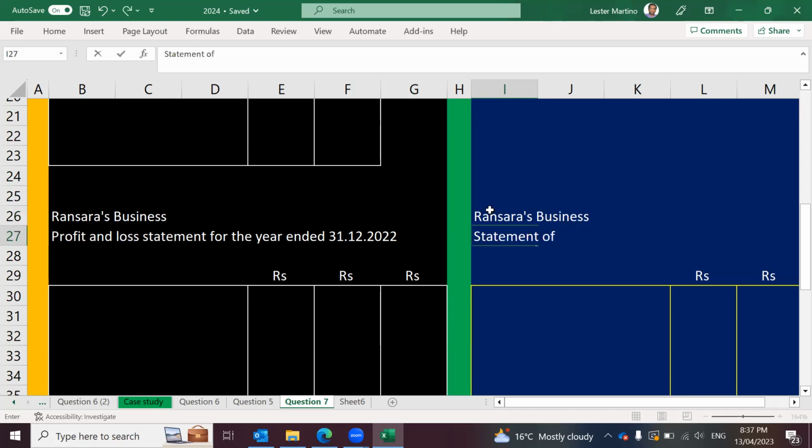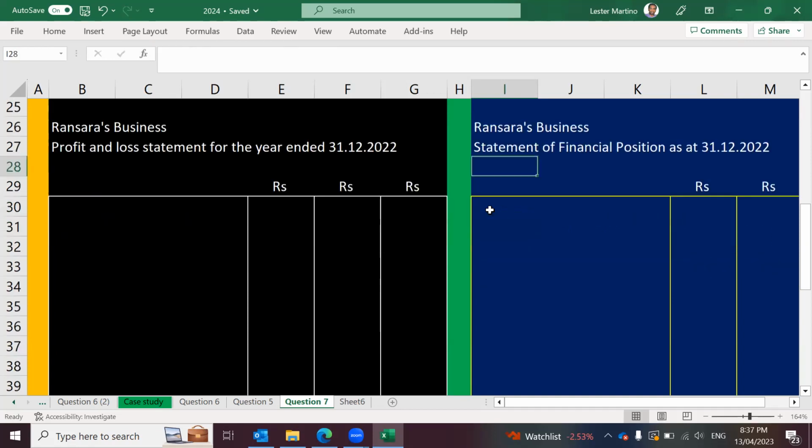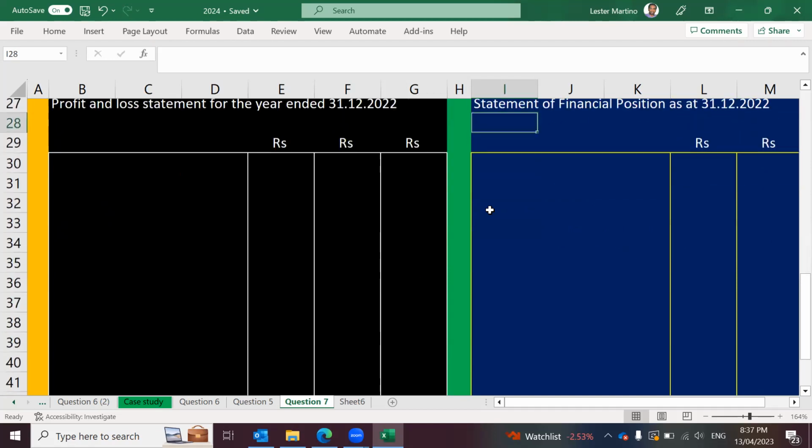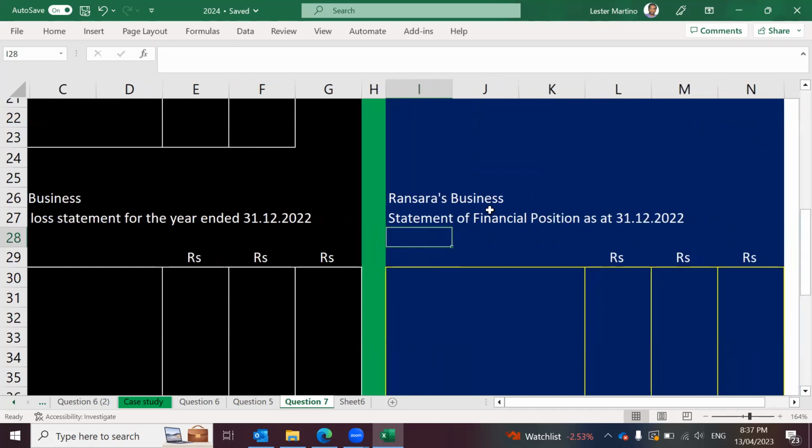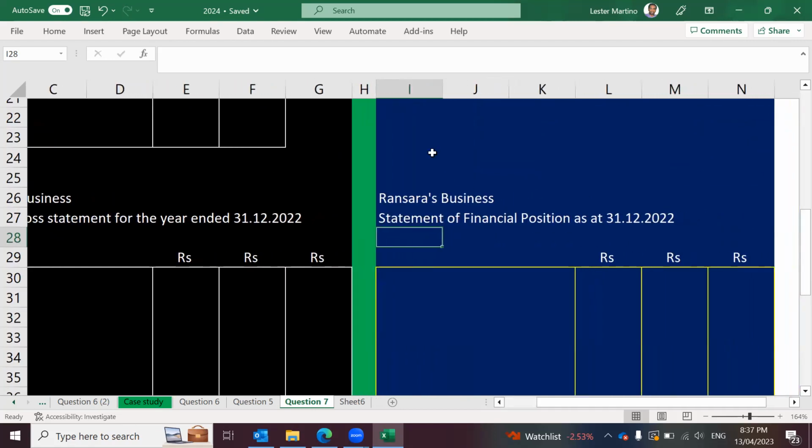Statement of financial position. Remember, it is statement of financial position, and the profit or loss statement for the year ended. So just leave some space and 3 columns for profit or loss and 3 columns for statement of financial position.